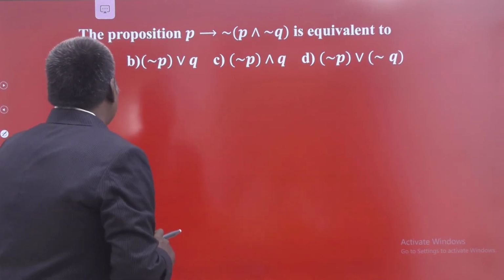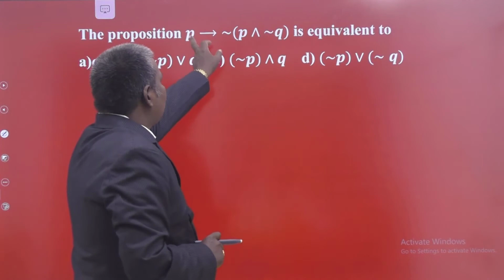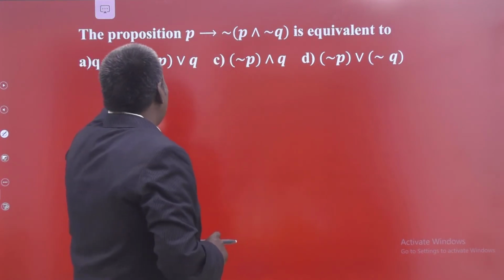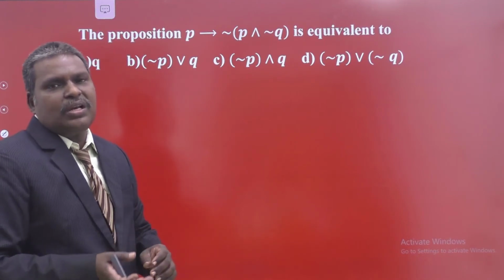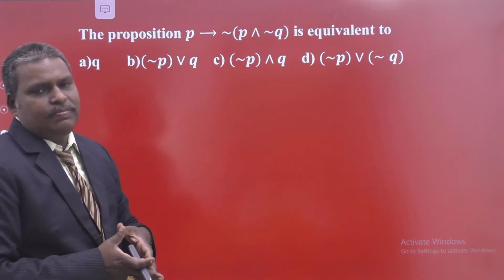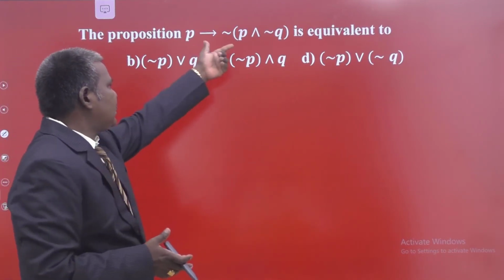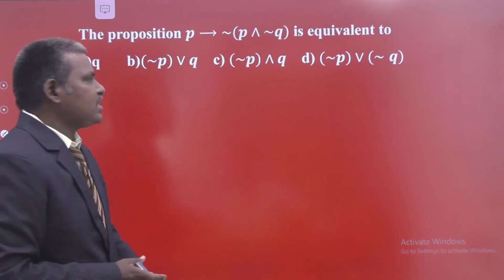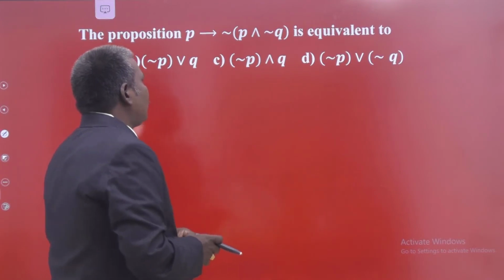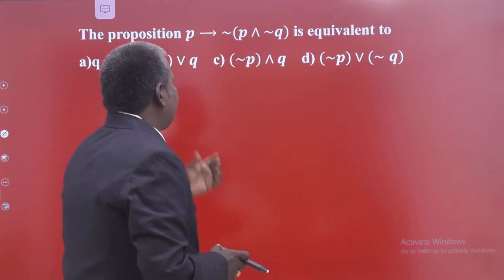If you use truth tables, you have to prepare the truth table for this one and also for all the options. Then only if the outputs are the same, that option will be the answer. That takes time. If you use the properties, you can directly obtain the answer.